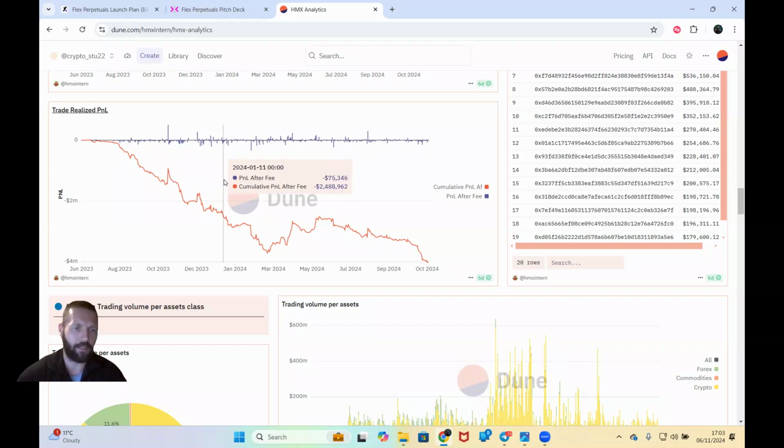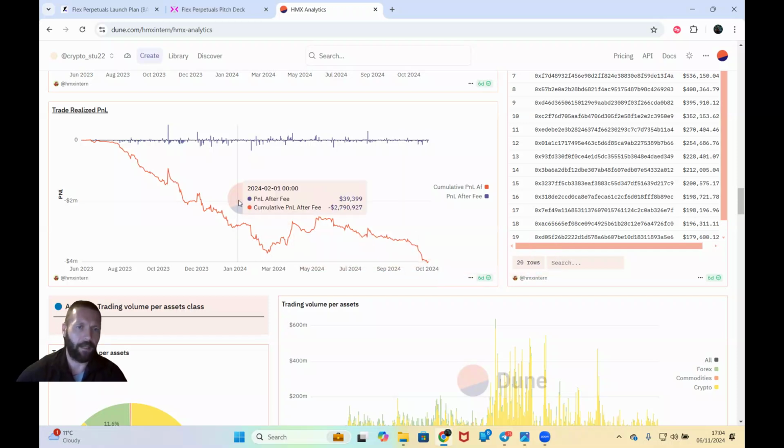There will be periods where traders do better than normal, but what you can see here from June 2023, this is HMX, the project we have partnered with and whose technology we're essentially leveraging, so we've got lots of data to work with. Since June 2023, this is the performance of traders on their platform. The cumulative losses of traders is minus $4 million.